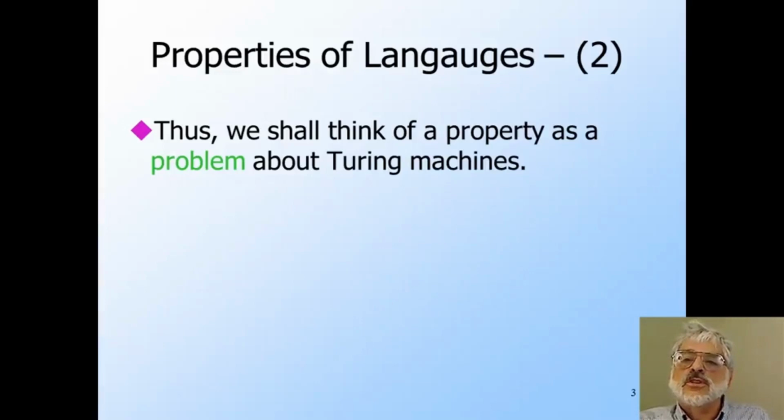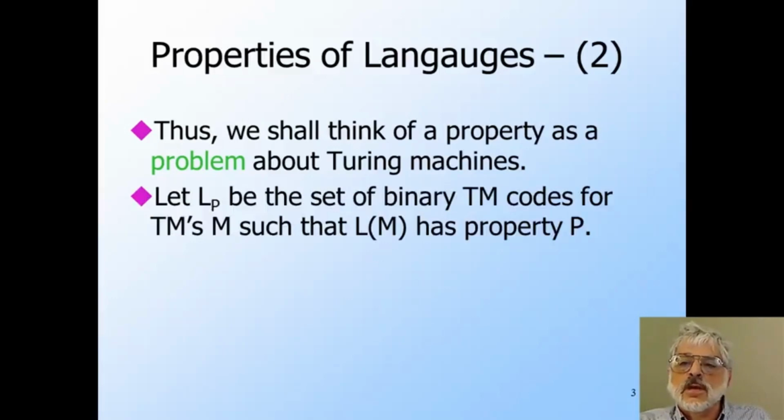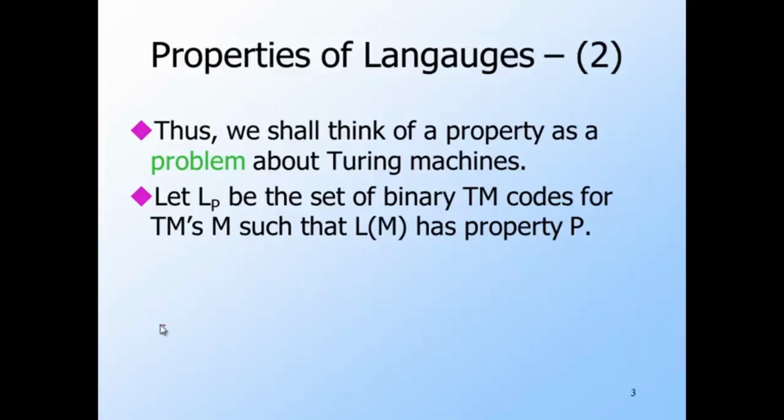Given a code for a Turing machine, does it define a language with that property? So for any property P, we can define a language L sub P, the set of binary strings that represent a Turing machine whose language has the property P. So for example, L sub infinite is the set of codes of Turing machines that define an infinite language.